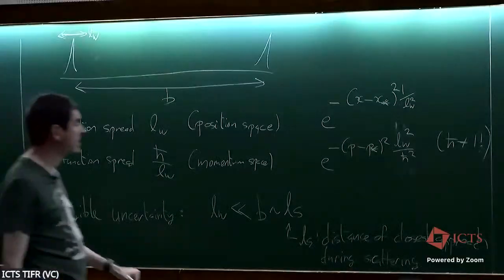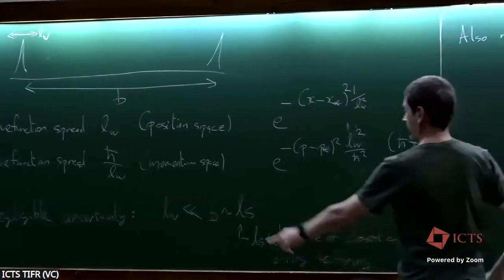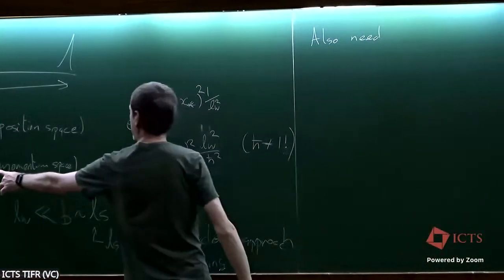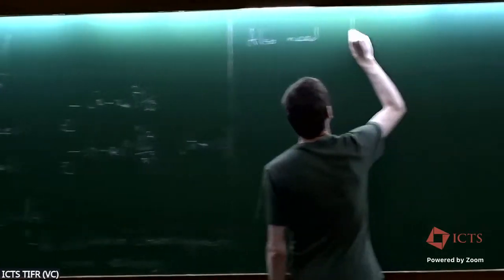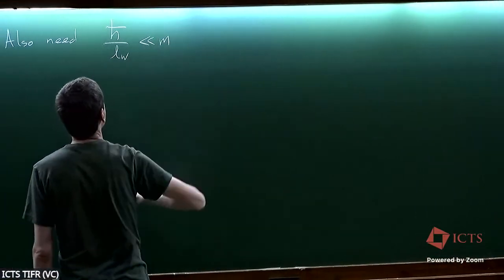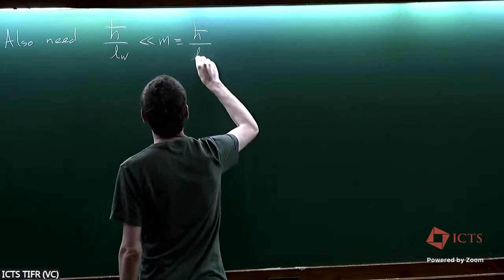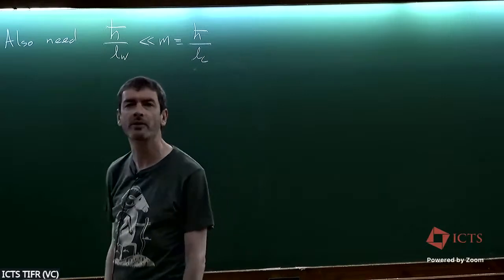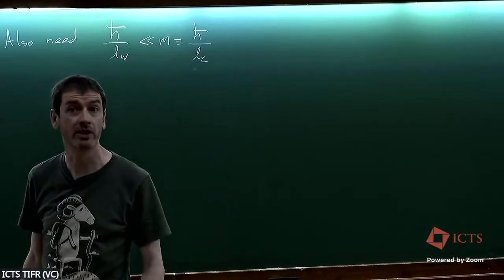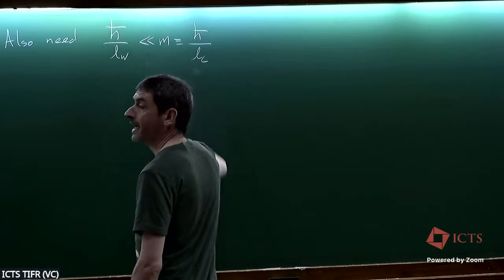So we also need the wave packet spread in momentum space, h bar over LW, to be very much smaller than the mass. And I'm going to define the mass to be h bar over LC, where LC is the Compton wavelength, up to factors of 2π and so forth, which you don't really need to care about. So this will be a second inequality of interest.